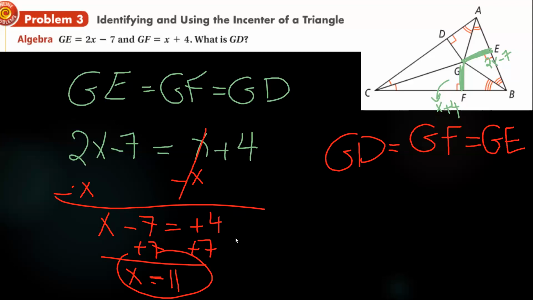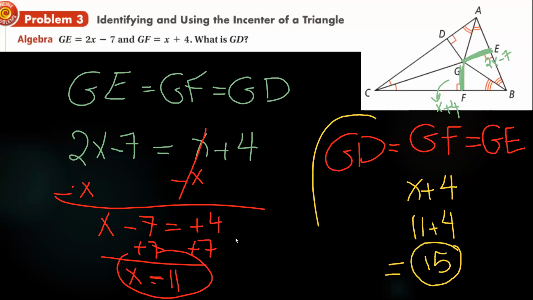It's x plus 4, so 11 plus 4, which is 15. So if I found this 15, this will be the length of GD. Is it clear? Yes, miss.